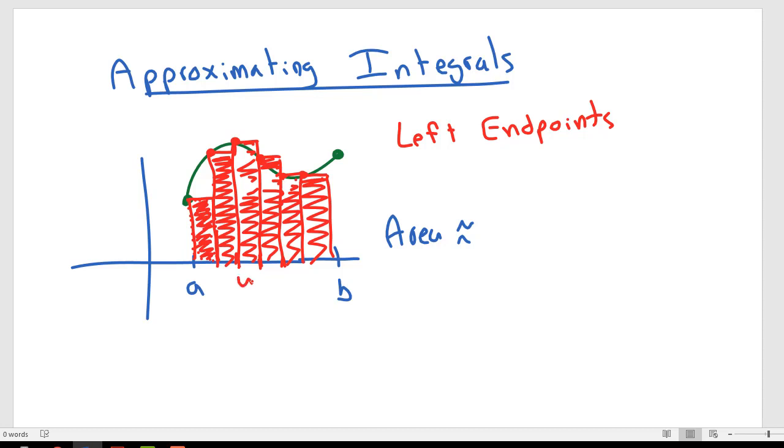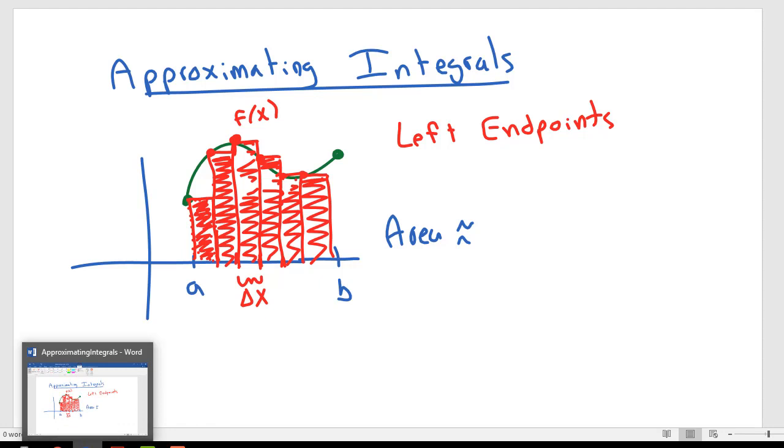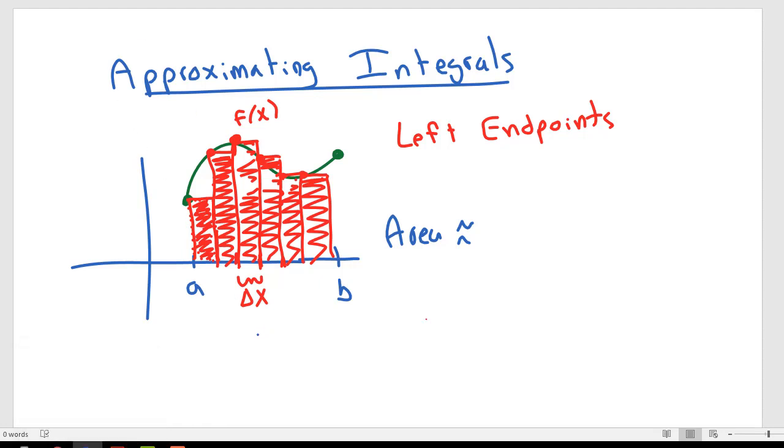The width of each rectangle is a delta x, and then the height of the rectangle is the function value. Usually what we do symbolically is we say, well, this is the first rectangle, second rectangle, third, fourth, fifth, and sixth. So we're going to technically call this the ith rectangle.